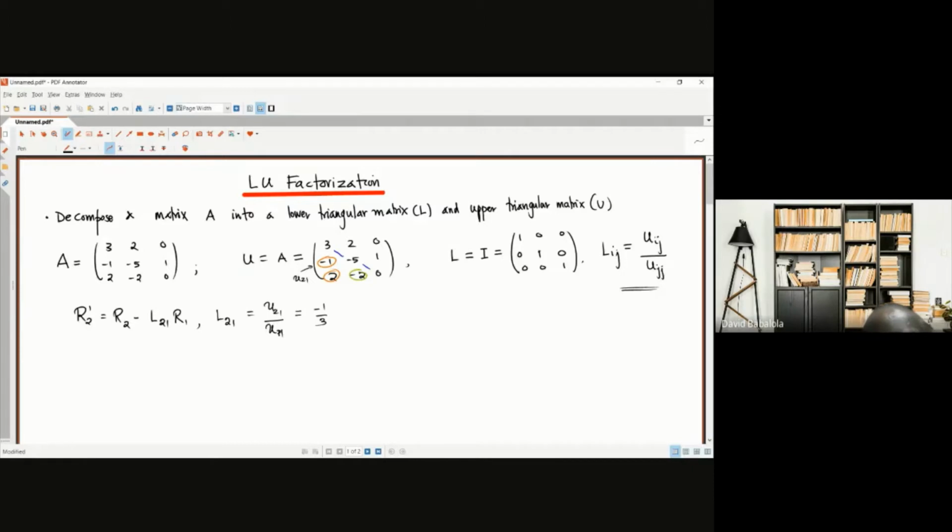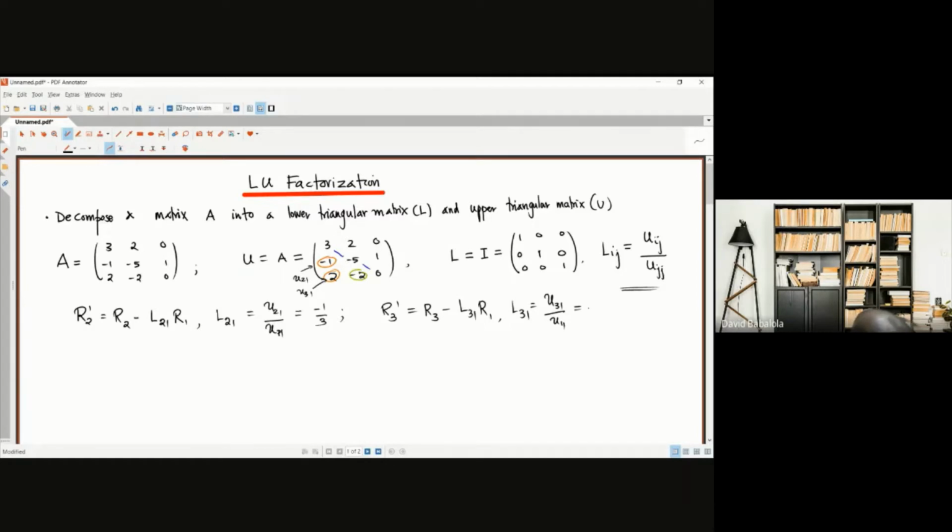And for this entry in row 3, which is U31, we're going to have a similar expression. The new row 3 will be the old row 3 minus L31 times row 1. And our L31 will be U31 over U11.